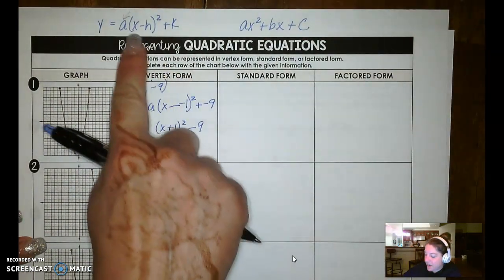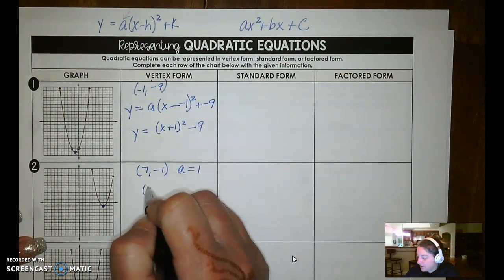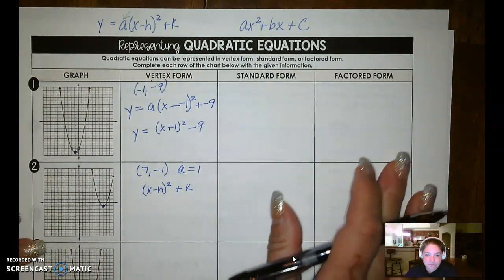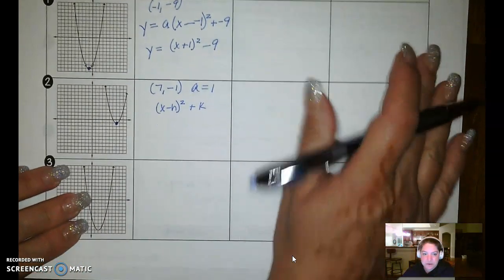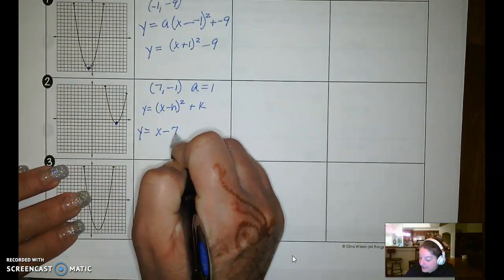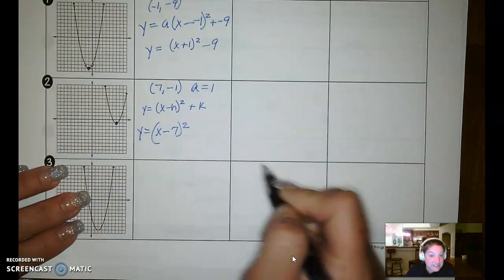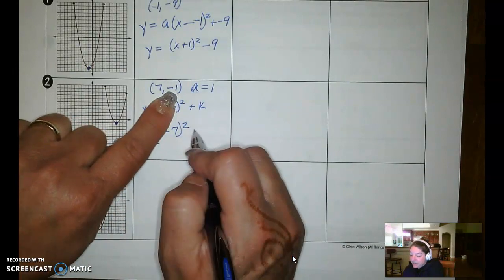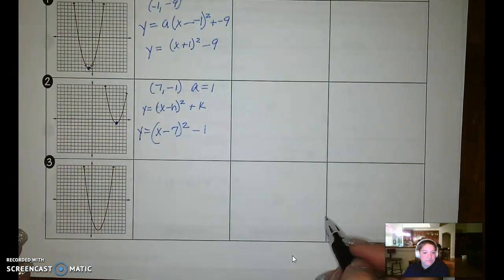So remember up at the top, it's going to go x minus h squared and then plus k. Okay, so I'm going to do x minus 7 in parentheses squared. And then I'm going to do plus k, but since k is -1, I can put a -1.